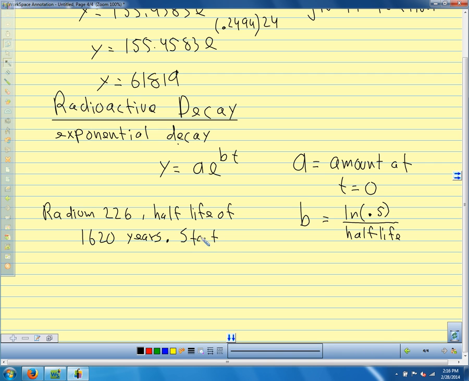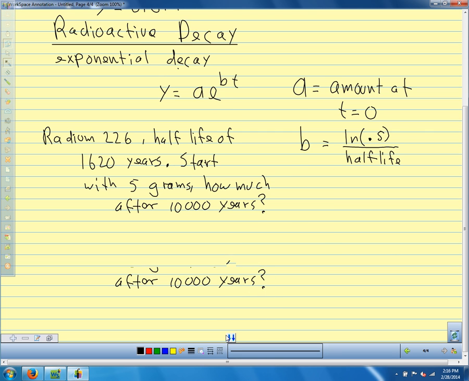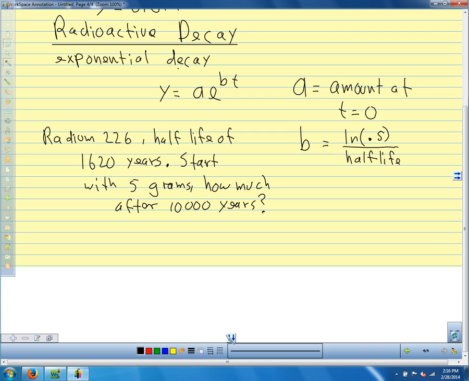How much will we have after 10,000 years? And we've done a problem like this before where we had the numbers and we plugged the numbers into this function. We just didn't know what exactly the problem was about.